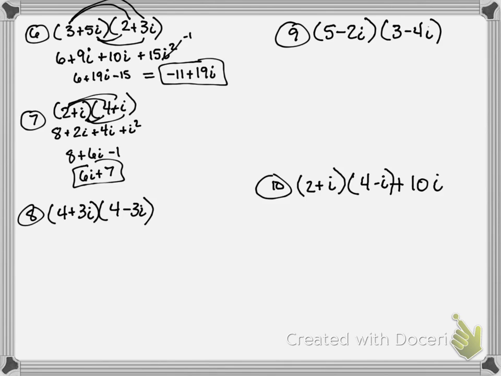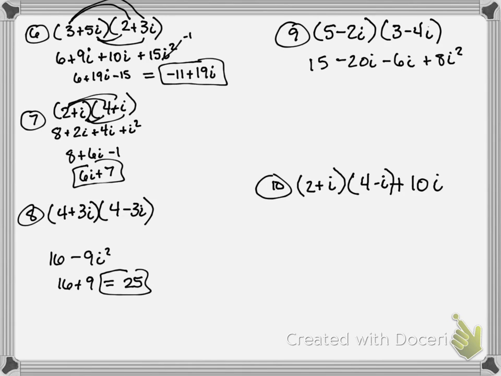8. Same thing. Same process. We should end up with 16 minus 9i squared. And that turns into 16 plus 9, which is 25. Okay? Number 9. All right, what's that going to be? 15 minus 20i minus 6i plus 8i squared.